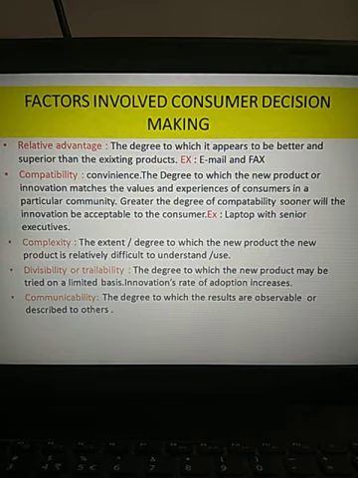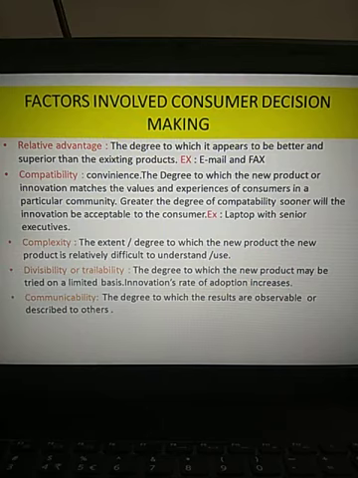The final one, communicability. The degree to which the results are observable or described to others. The features disclosed by the company should be observed and experienced by the customers.